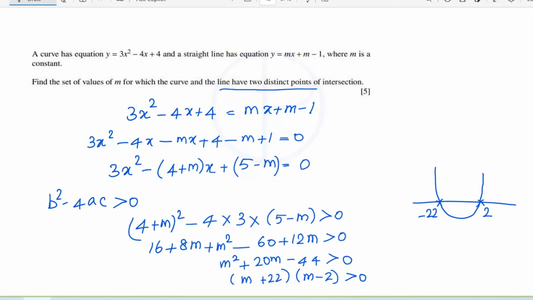That means we require the region above the axis, so we want this part. So the solution is m is less than negative 22 and m is greater than 2.